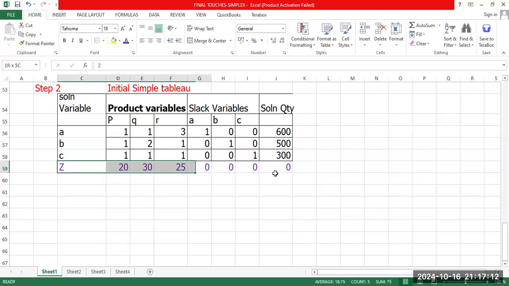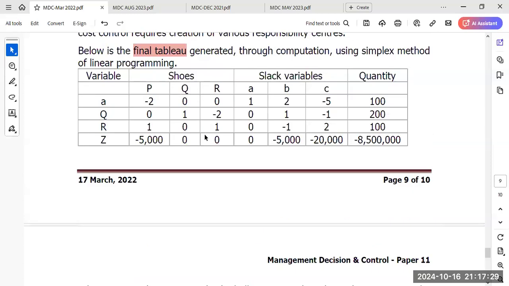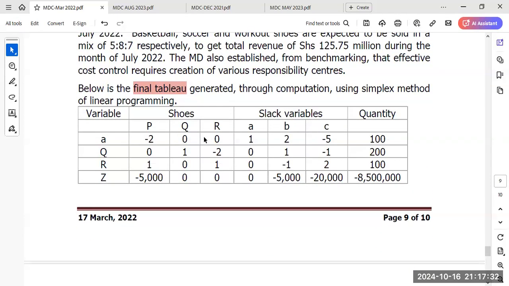As you state your initial simplex tableau, let's go back to the question, because they may ask you this next time and you'll be confused. Check what you have on the final tableau, if it is given in the question. See the sign on the final tableau.